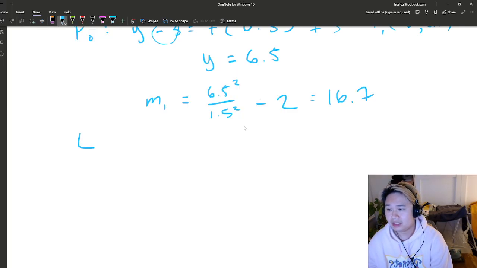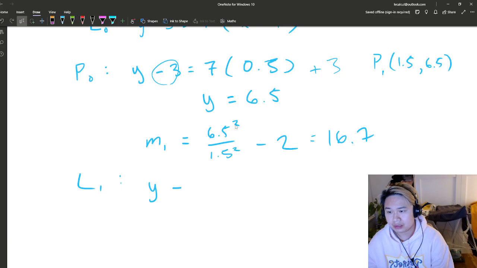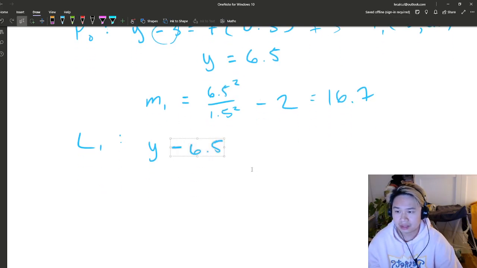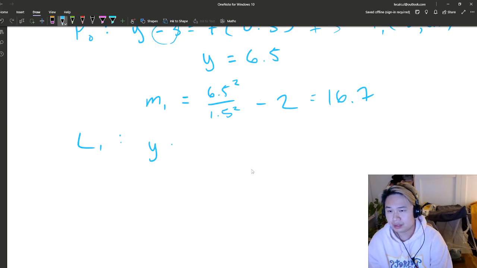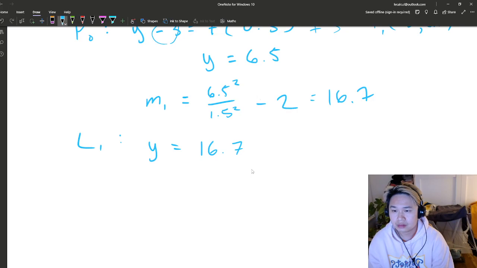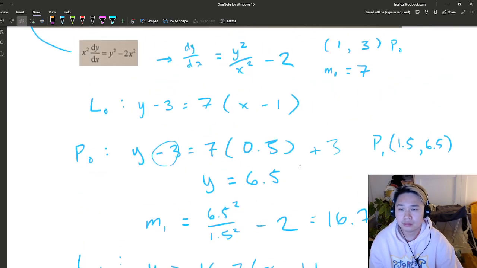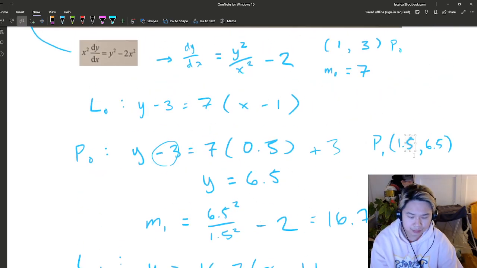Okay, so line 1. Y minus the 0.1, so 6.5. Actually, I'm gonna write this on the other side to help with future calculations. Or sorry, this isn't 1.5.